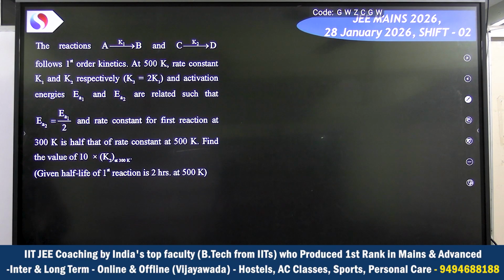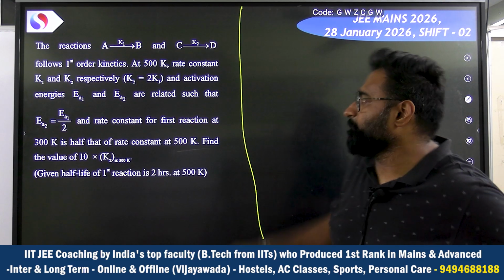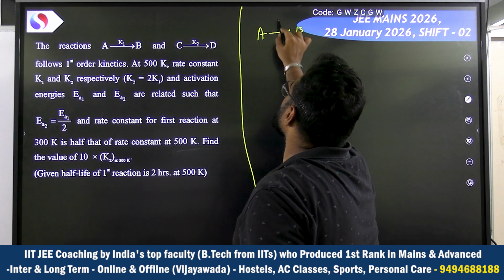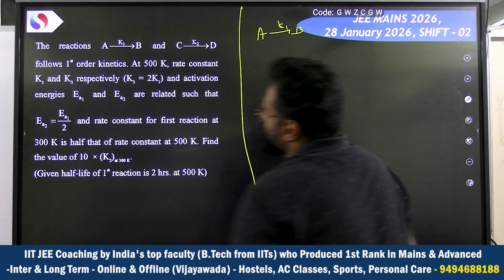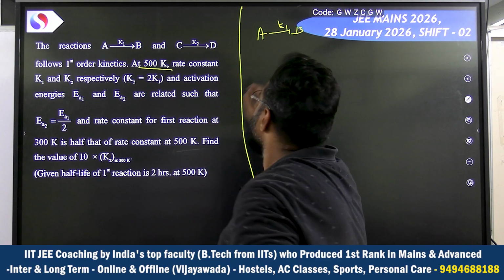Given the ratio is 2. So chalo, we have to solve for each individually. Understand the question first. For A gives B, it is K1, and for this reaction we have two different temperatures, 300 and 500.